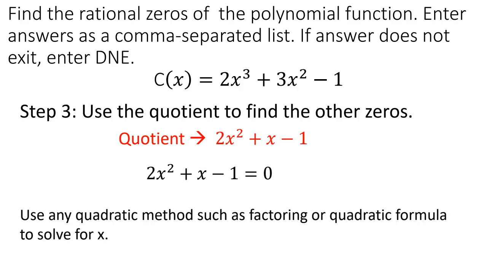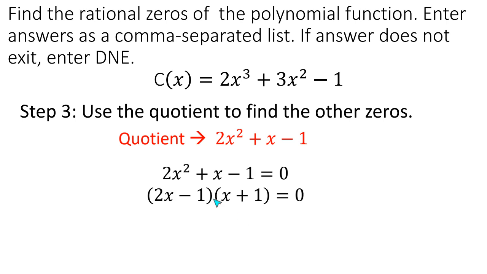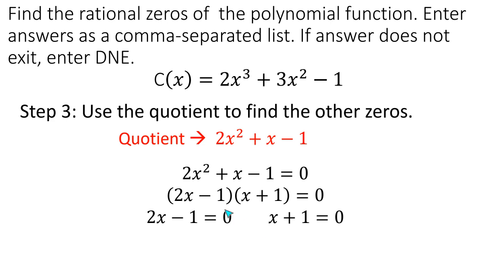We can try to factor. We can try to use the quadratic formula. So this is factorable. 2x squared is 2 times x times x. And then 1 is going to be 1 times 1. And if we do the work, we get 2x minus x is x. So it does factor. Set each factor equal to 0 and solve for x.